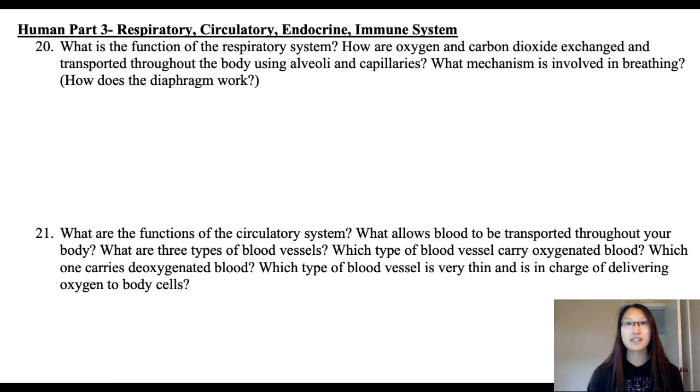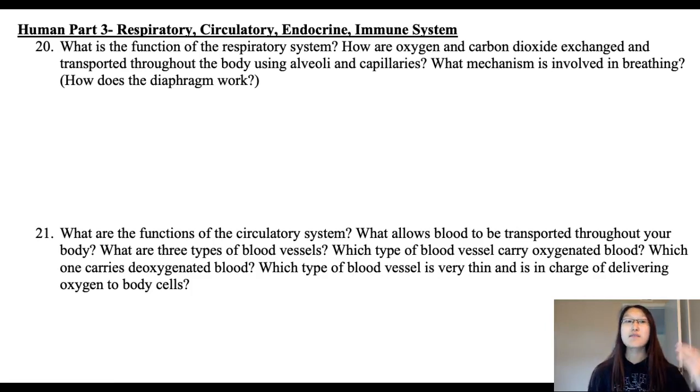How are carbon dioxide and oxygen exchanged and transported throughout the body using alveoli and capillaries? So within your lung, there are these little circular parts of the lung that's called the alveoli. And the alveoli in the lung is surrounded by capillaries right outside. And those capillaries are a part of your circulatory system.